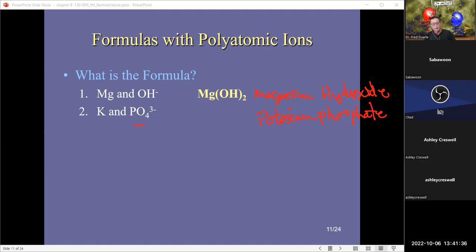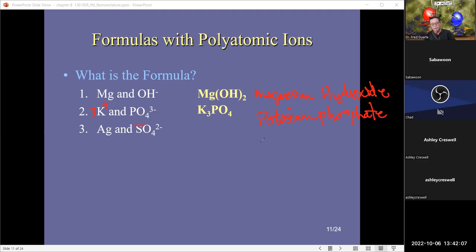Okay, we know that potassium will have a +1, and that means we need 3 of them because the phosphate has a -3 charge. So its formula becomes K subscript 3 PO4. Now you only need one polyatomic ion, the phosphate. You don't put parentheses around it. Notice it's just simply PO4.